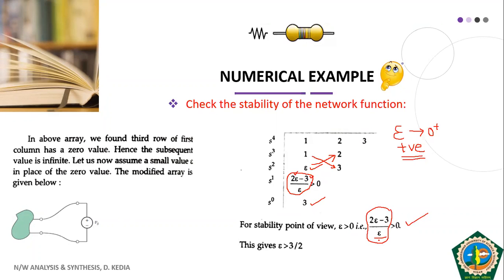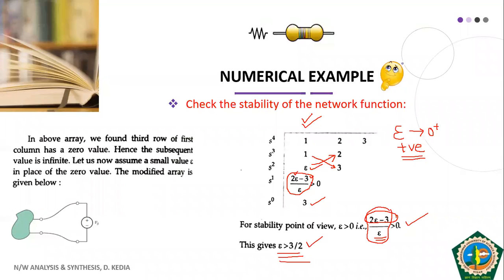This epsilon is greater than 0. It means twice epsilon minus 3 also has to be greater than 0, which will ensure that epsilon must be greater than 3 by 2. So if we ensure that the value is greater than 3 by 2, in that case, our system will be stable. Otherwise, it will not be stable.